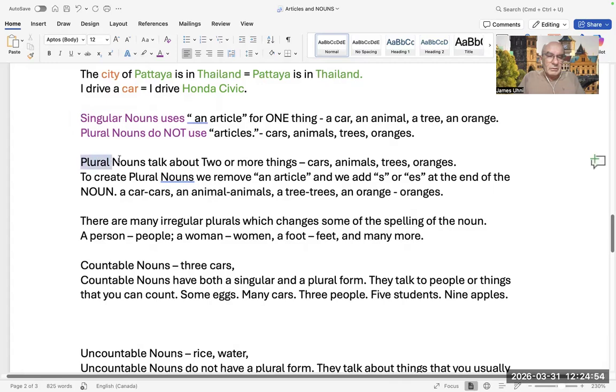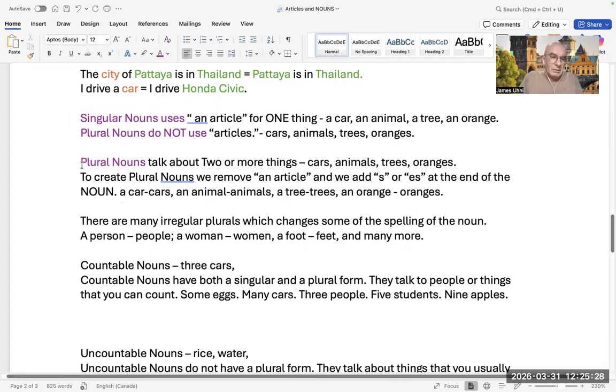Plural nouns talk about two or more things in one category. Cars, animals, trees, oranges. To create plural nouns, we remove an article and we add s or es at the end of the noun. A car, but cars.